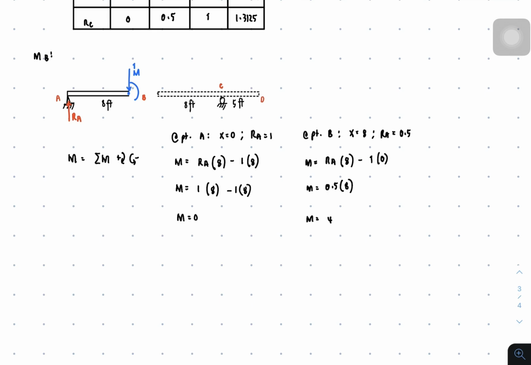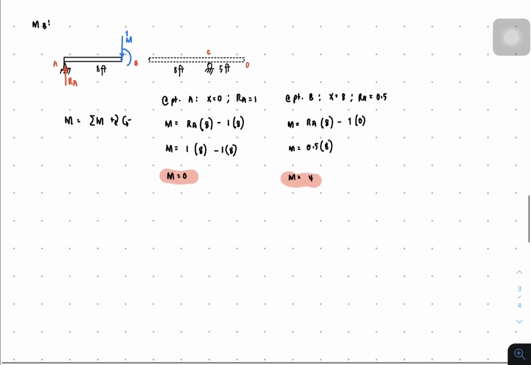So that's the value. So we have 0, then 4.